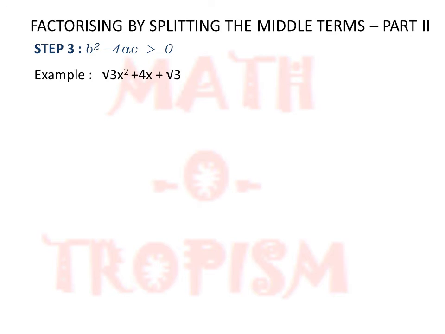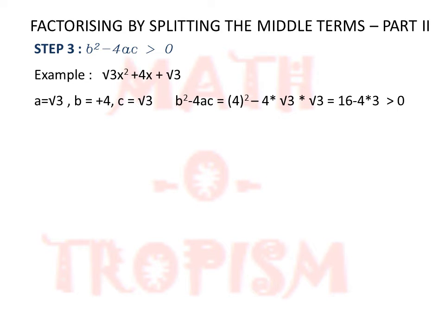Root 3x square plus 4x plus root 3. Here a is root 3, b is plus 4, c is root 3. So b square minus 4ac, when I substitute, I find it is 16 minus 4 into 3, which is 12. So it is a number greater than 0. So what is ac?